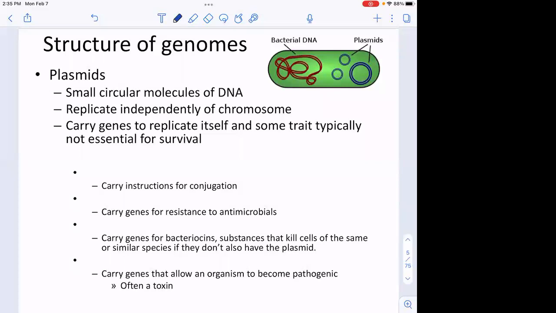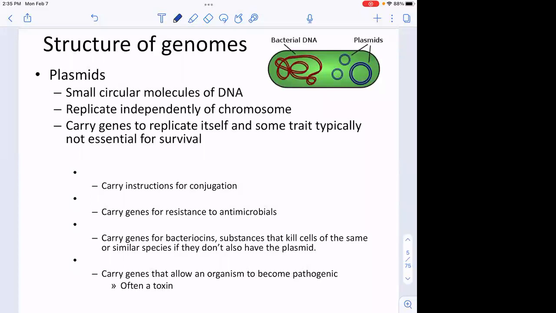Typically they will carry instructions for proteins that are not absolutely essential for survival. For instance, any enzyme that is necessary for glycolysis is going to be on the chromosome. Maybe an enzyme that helps an organism survive in the presence of antibiotics, giving it just a little advantage, that's going to be on a plasmid.